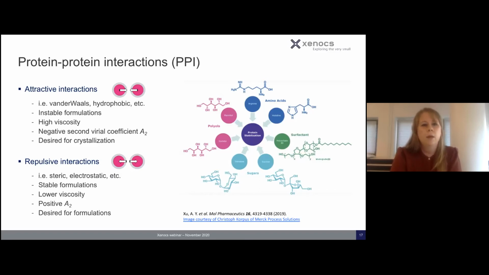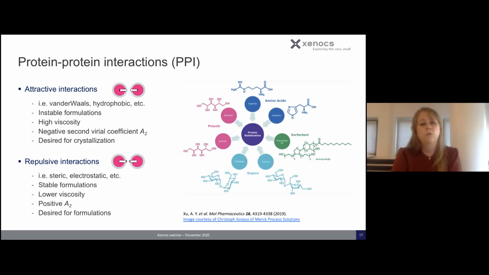These can be attractive interactions, such as, for example, van der Waals or hydrophobic interactions. And attractive interactions result in unstable formulations, often of high viscosities, and these are characterized by a negative second virial coefficient A2. On the other hand, this is actually desired for crystallization.